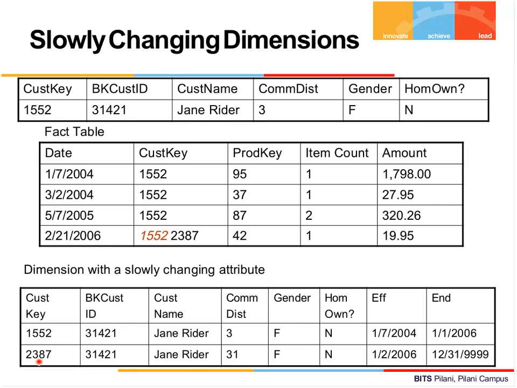When a new sale comes from that point, we introduce a new key into the fact table. We're not putting 1552 anymore. For every transaction that comes after January 2nd, 2006, the surrogate key is 2387, because the old one is history and no longer active.